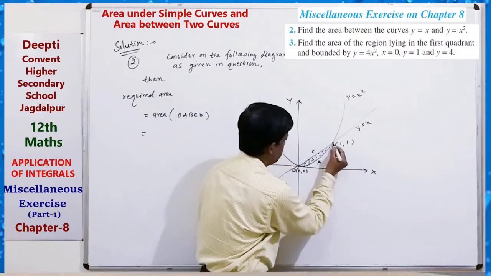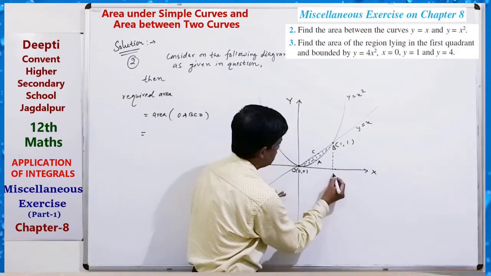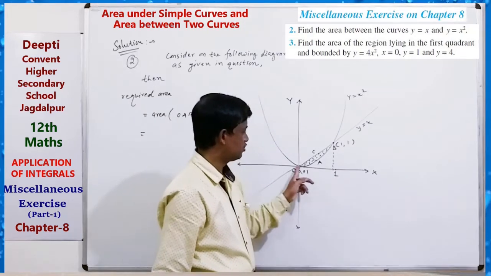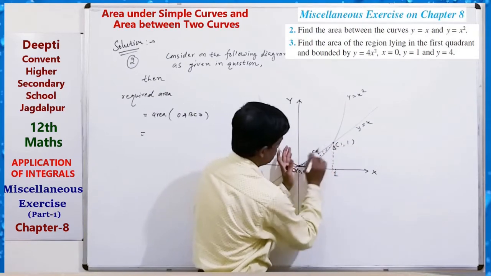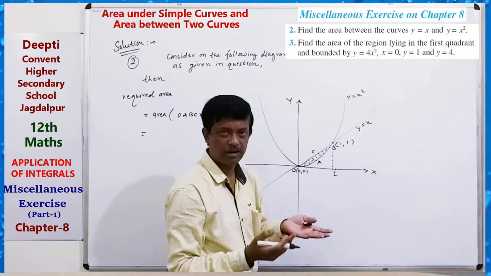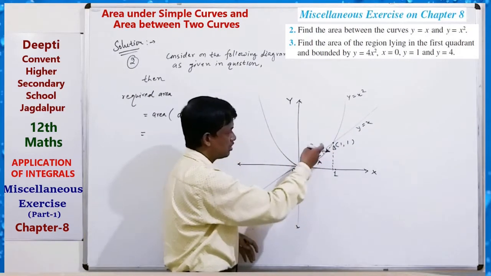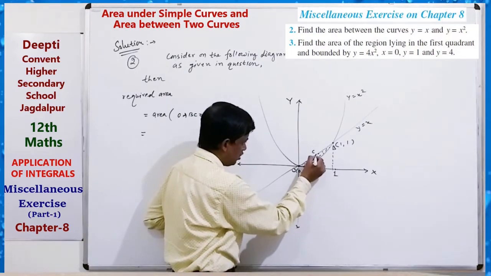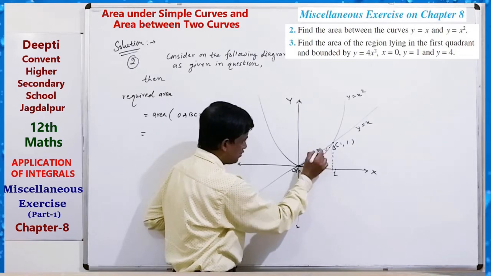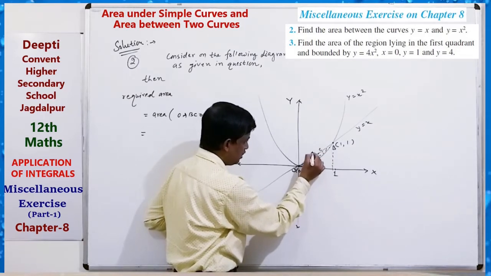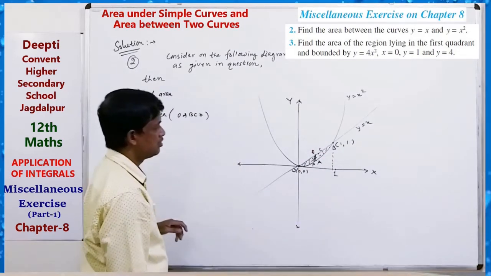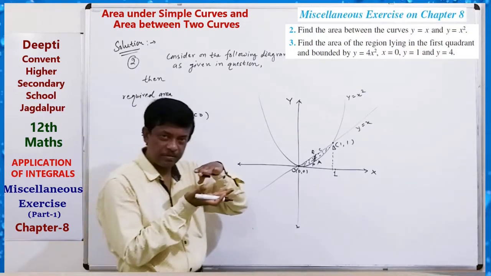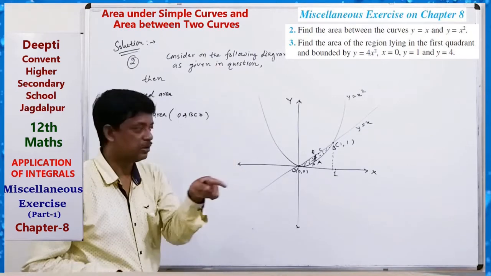This area can be found because there is a single curve up to the intersection point. Here we can draw like this. Here x equals 1, and x equals 0. Between these lines there are a single upper and lower curve. The upper curve is the line and the lower curve is the parabola. So we can draw a vertical strip like this, P, Q. Here there is an upper curve and a lower curve, so y from the upper curve minus y from the lower curve.